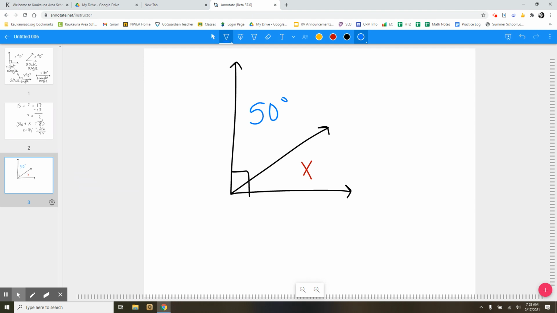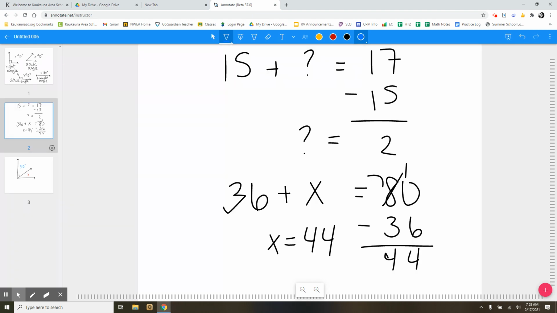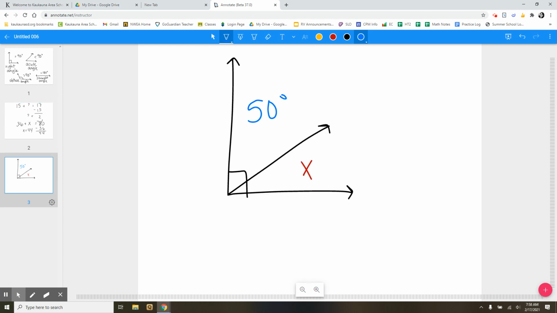Well, we can use that same idea that we did up here when we were finding that missing piece. I have a piece, I don't know what it is, but I know that it equals something. And so we can set up just like using our knowledge. I know that this is a 90-degree angle because that box tells me so. I know that I have a 50-degree piece and something I do not know. Some of you are already saying, I know the answer. I know what this is because you can see both sides.